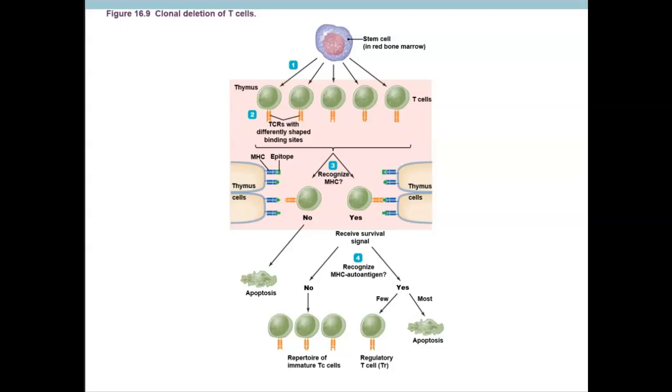In the next section, we're going to talk about B lymphocytes. Just to be clear, the T cells are involved in cell-mediated immunity. The B cells are involved in humoral immunity. So the T cells find out what the cells are making with these MHC proteins, and then do whatever needs to be done to that cell or to the neighboring cells based on what they find.